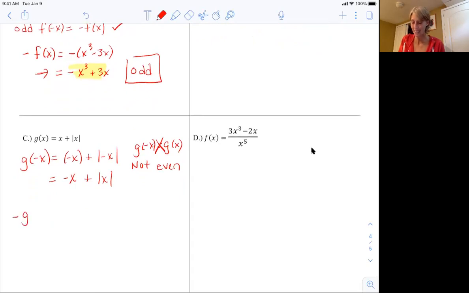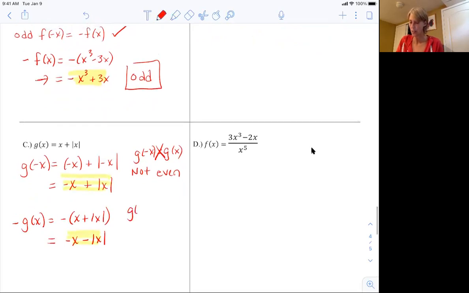I'm going to negate the function now. So in actuality, we're doing this. And this equals negative x minus the absolute value of x. So now I'm going to compare these two, right?